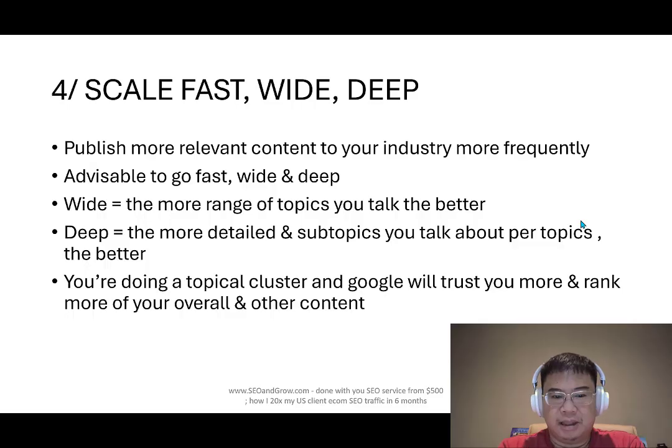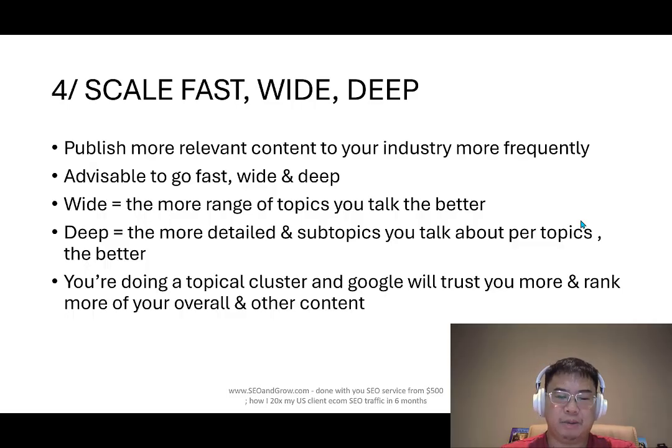Wide means to have a greater range of topics. The more range of topics you talk about, the better. Going deep means the more detail and subtopics you cover per topic, the better.